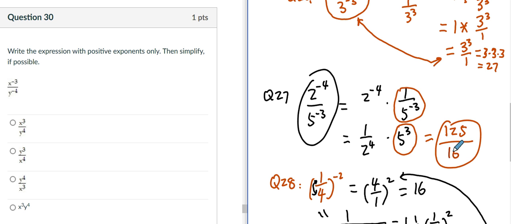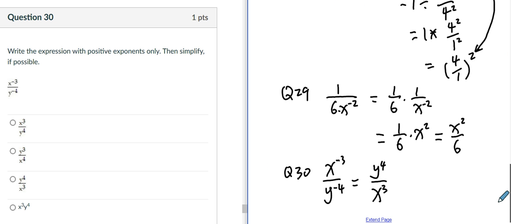You see, flip 5 to the 5th, positive, 2 to the 4th power, positive power. So here is the same thing. So we are done: y to the 4th over x cubed. All right, I'll see you next time.